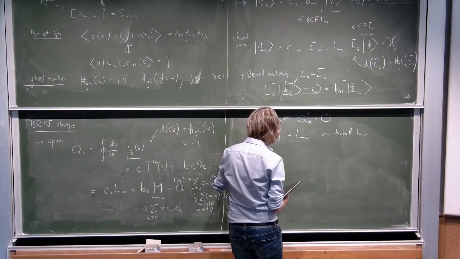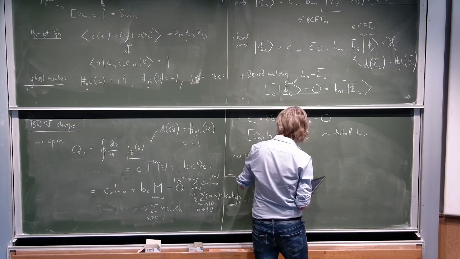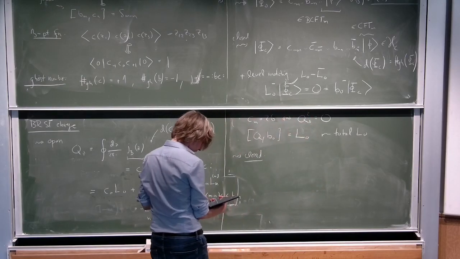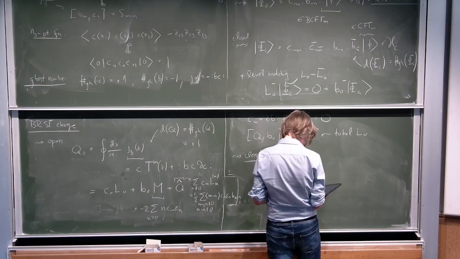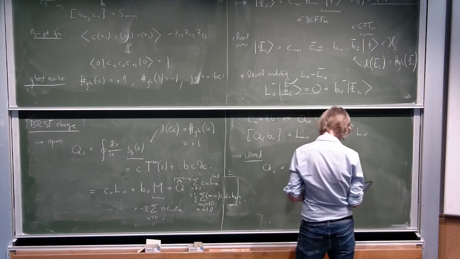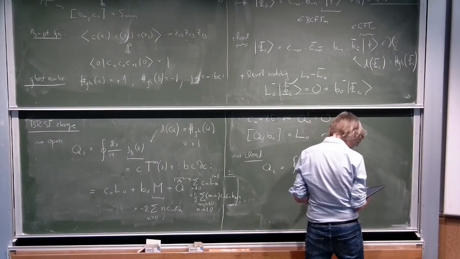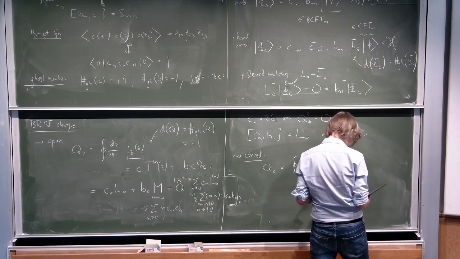So now in the closed case, the generalization is pretty straightforward. Instead of just taking a holomorphic combination of modes for the BRST charge, we define it to be the sum of the holomorphic sector plus the anti-holomorphic.